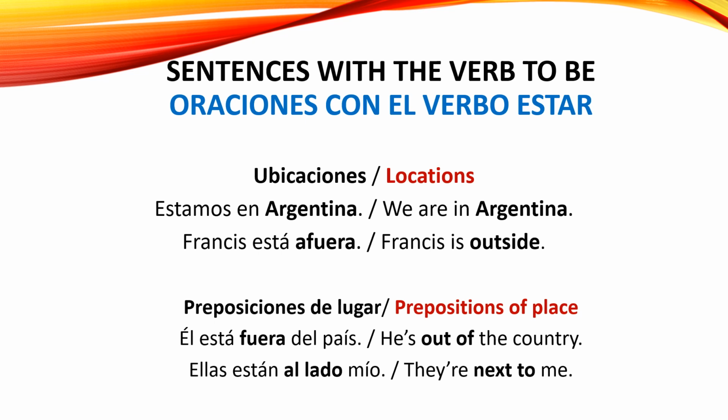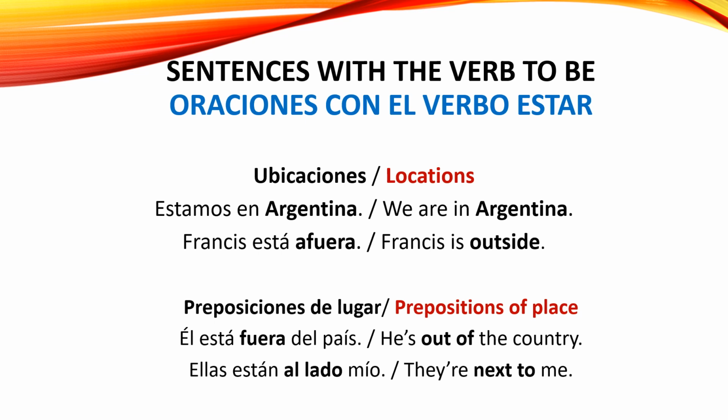Now, I'm gonna give you a couple of sentences for you to understand the use of estar with the previous explanation. When we talk about location, it's like, estamos en Argentina. We are in Argentina. Argentina is a location, una ubicación.